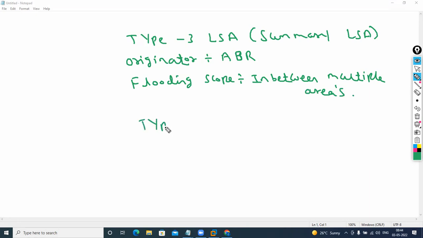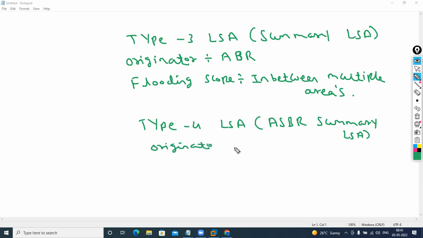We have type 4 LSA, ASBR summary LSA. Who is the originator? Again, ABR.